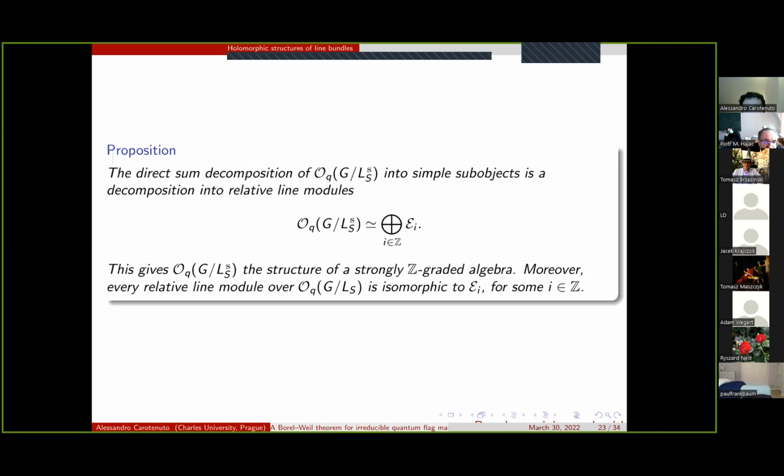Sorry, I would like to check if I understand what's going on. Is it true that these line bundles E_i are irreducible, come from irreducible representations of this Cartan part of this decomposition? They come from irreducible one-dimensional representations of this O_q(L_S), which I didn't introduce, but is the Lie group version of U_q(L_S) that I introduced before.